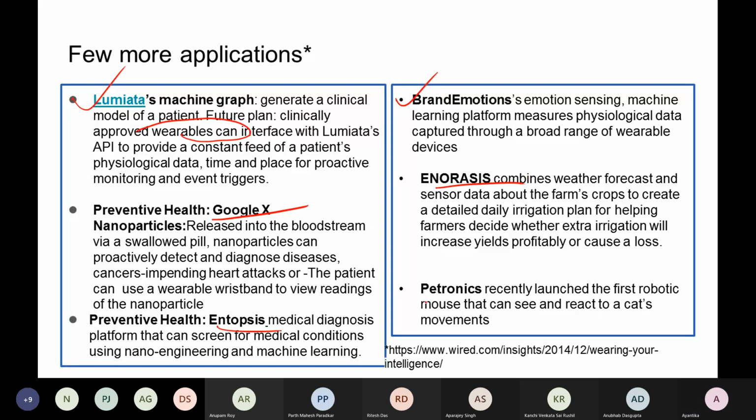Another is patronics. Okay, this is related to robotics. So this is the first robotic mouse. You can see the Tom and Jerry movement. Basically, the control: what will Tom do based on Jerry's steps, or what will Jerry do based on Tom's movement? Till now, this mouse part has been developed. So this is based on the cat's movement or the cat's reaction, how one autonomous mouse will take the next move.